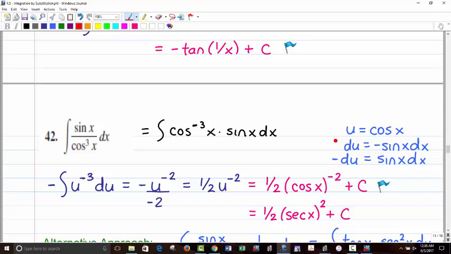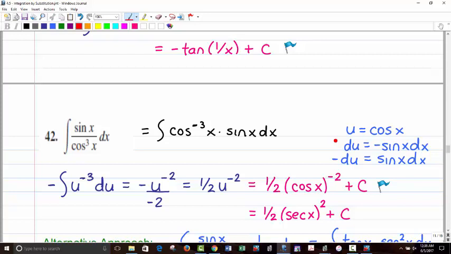What makes this interesting is that you might think they're both derivatives of each other, in the sense that the derivative of sine is cosine, and the derivative of cosine is negative sine. So how do I know which is which?